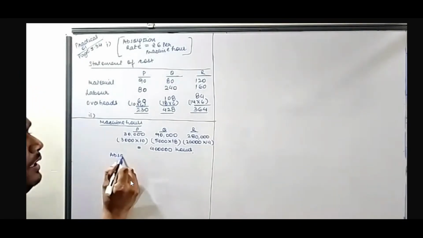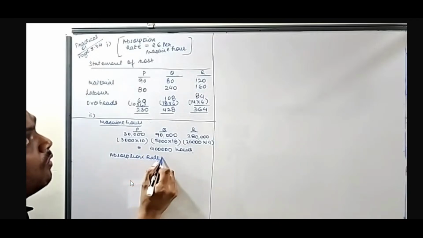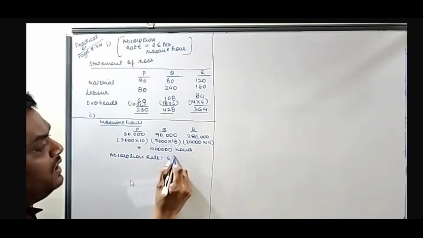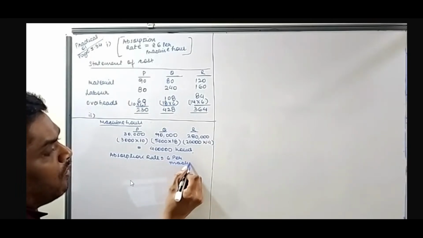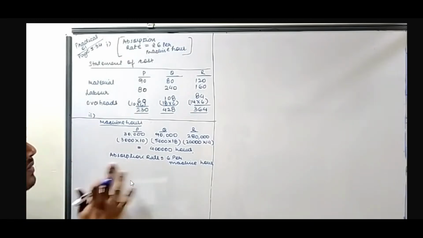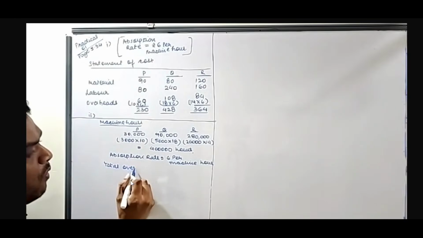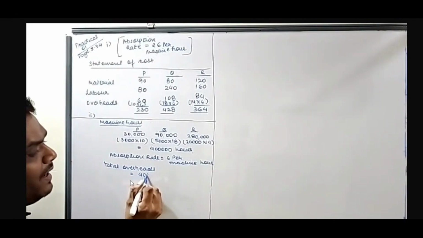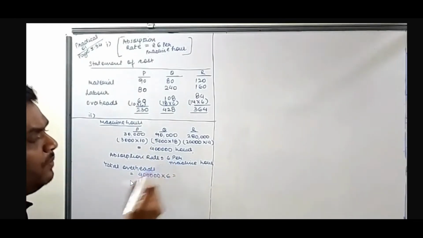Now the absorption rate we have is 6 per machine hour. So total overheads will be how much? Total 4 lakh hours into 6 is the rate per hour for machine hours.